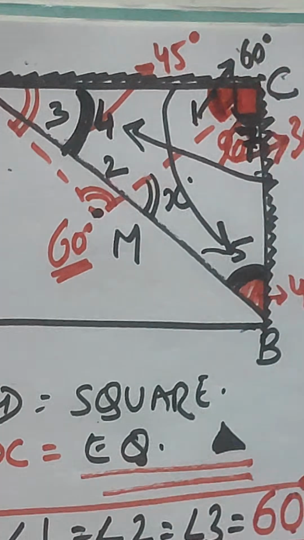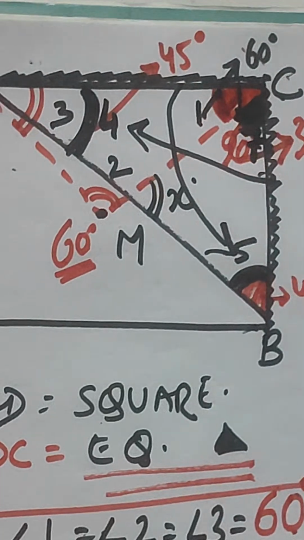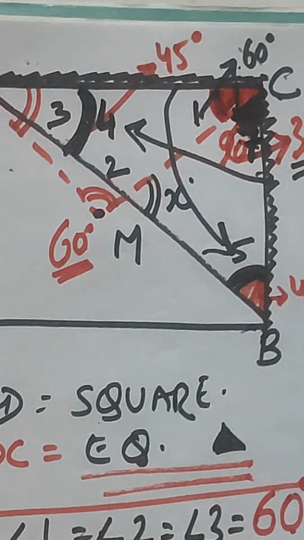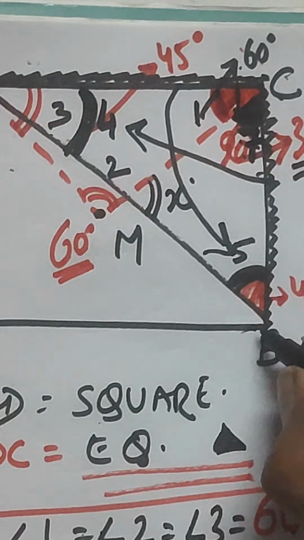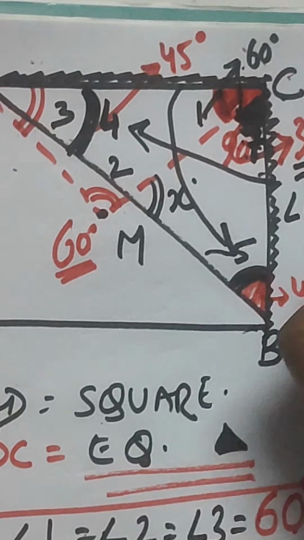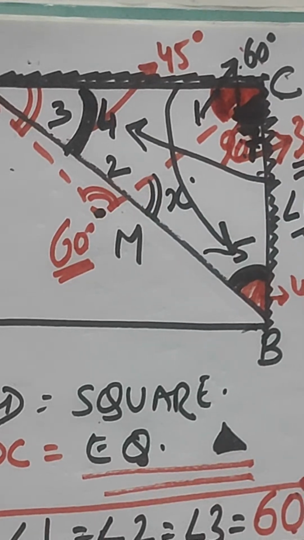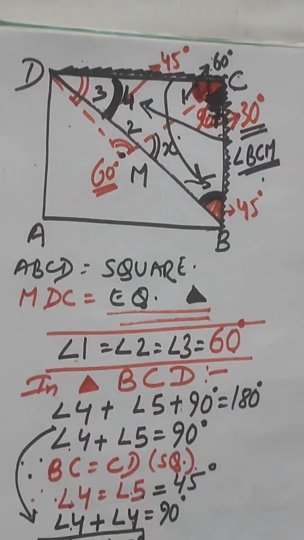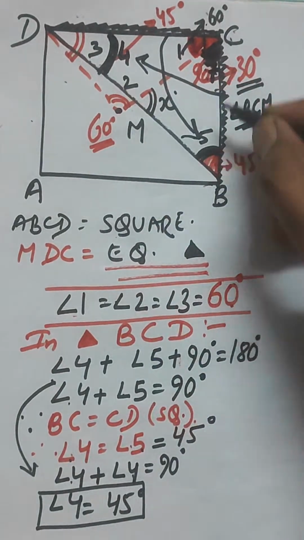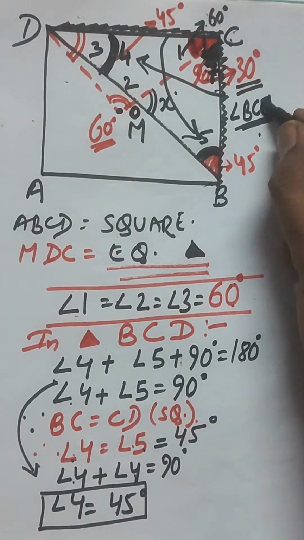If this is 60 degrees, then the remaining angle will be 90 minus 60, so 30 degrees is the value of this angle BCM, right? Now if this angle is calculated, just take this triangle BCO. Let's say O is the point of intersection, then this angle will be BCO, right?